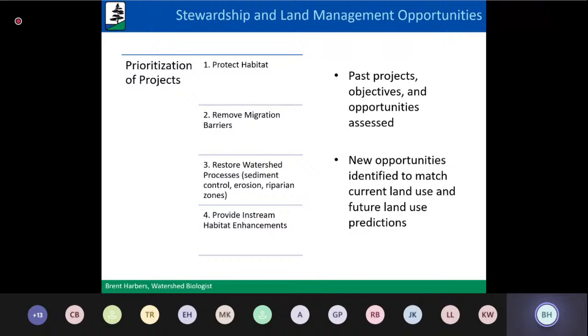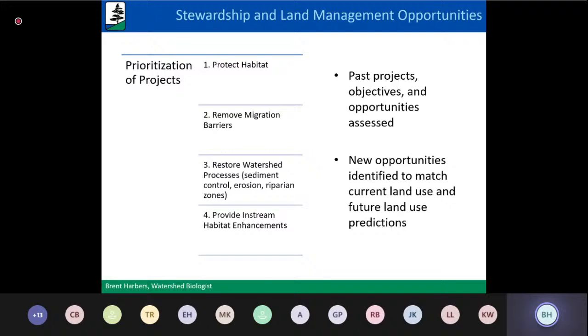So if we were to do some projects in this watershed or recommend to the city, of course, protecting habitat is the biggest bang for the buck, followed by removing barriers in the streams. And then we move on to projects like erosion control and riparian plantings, and finally in-stream habitat enhancements. And we provide that all to the city in a nice fancy table in the report.